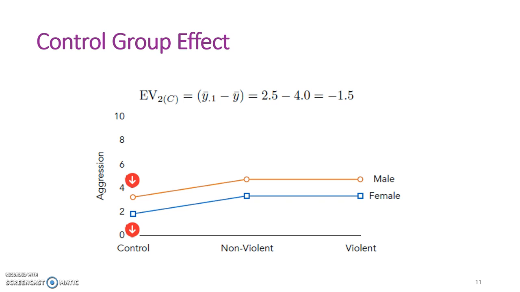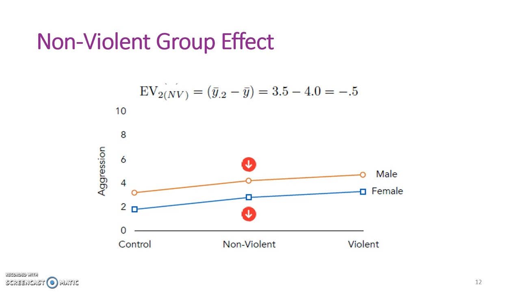How we're ignoring gender is that we've got these individual lines for male and female, but we're essentially shifting those lines from where they stand when we're ignoring video game condition, shifting them in whatever direction the group effect goes. So for example, to calculate the control group effect, the difference between the marginal mean for the control group and the grand mean is negative 1.5. So we're going to take both of those lines for male and female, where we're completely ignoring the video game condition, and we're shifting them down each by 1.5.